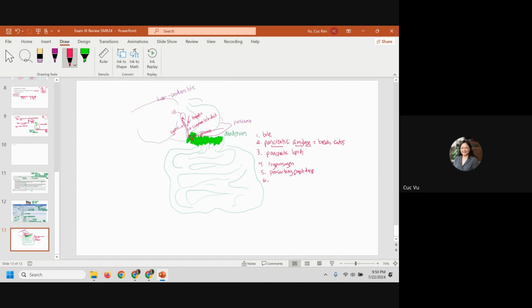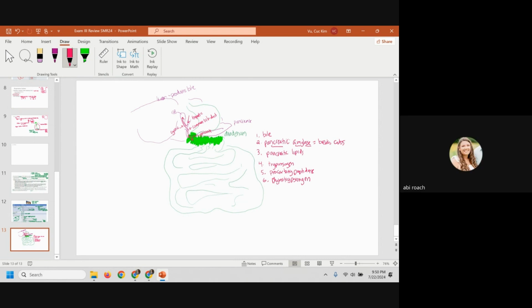So trypsinogen, procarboxypeptidase, one more of the peptidase ones. Chymotrypsin. Trypsinogen. Good. Okay. And then a few more.